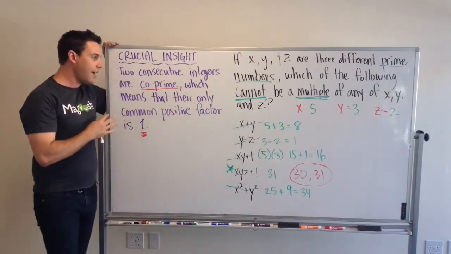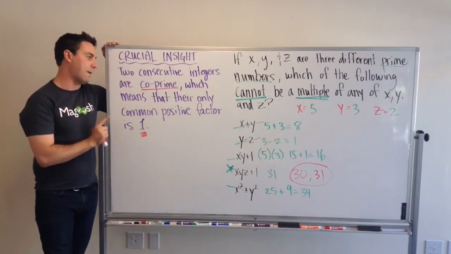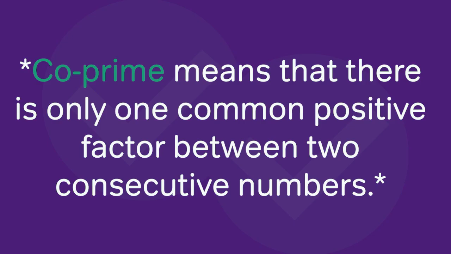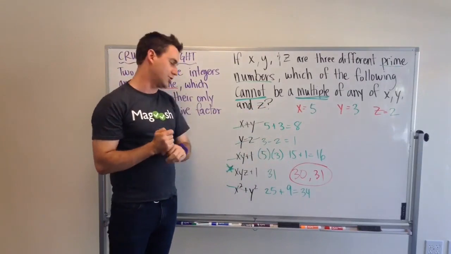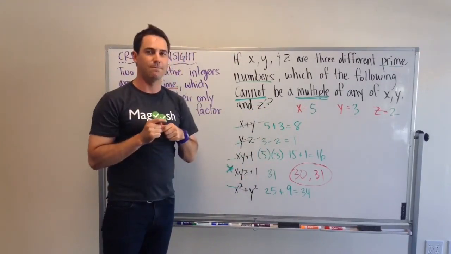So now when you approach a problem like this, you can remember co-prime means there's only one positive common factor between two consecutive numbers. And if you knew this going into this question, you wouldn't have to fuss around with plugging in all these numbers. You could just go directly to D and choose it.